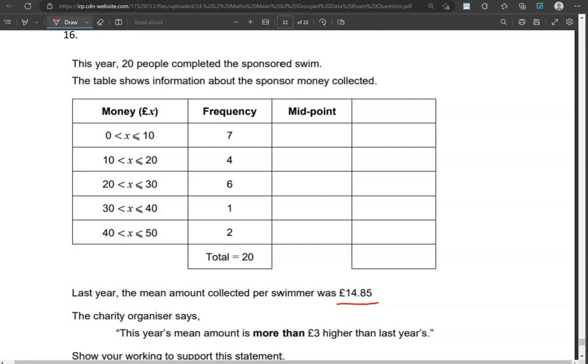So we'll start with a midpoint. Midpoint between 0 and 10, that is 5. Between 10 and 20 is 15. Between 20 and 30 is 25. Between 30 and 40 is 35. Between 40 and 50 is 45.